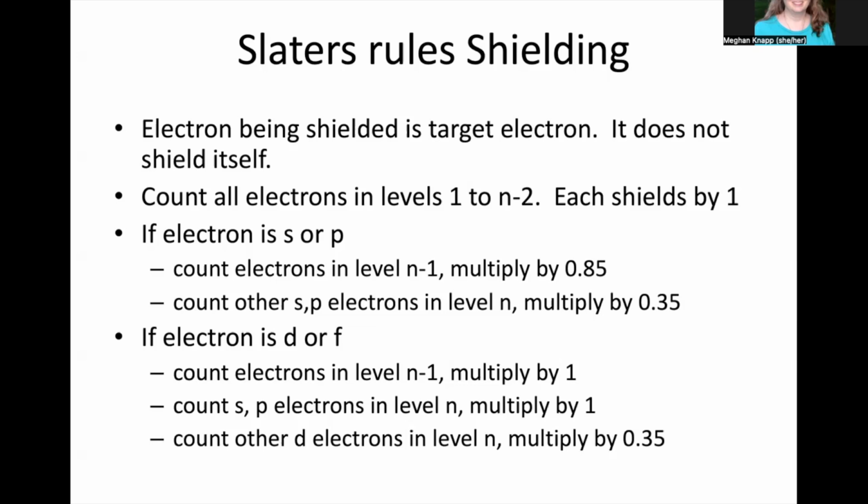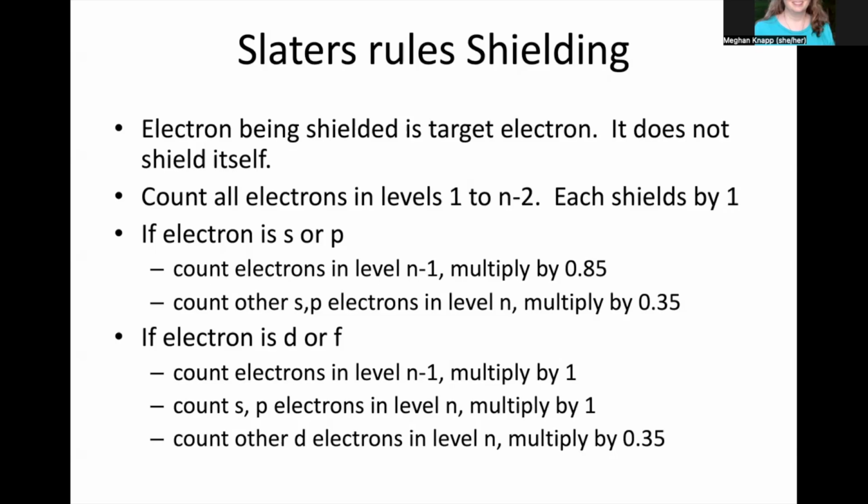All right. So if it is a d electron, I'm going to go down to the bottom here. For a d electron, I'm going to count the 2 electrons that were in level 1. And then in level n minus 1, so level 2, I'm going to count all those as 1 as well. So I'm going to count the 2s and the 2p, that's 8 electrons.